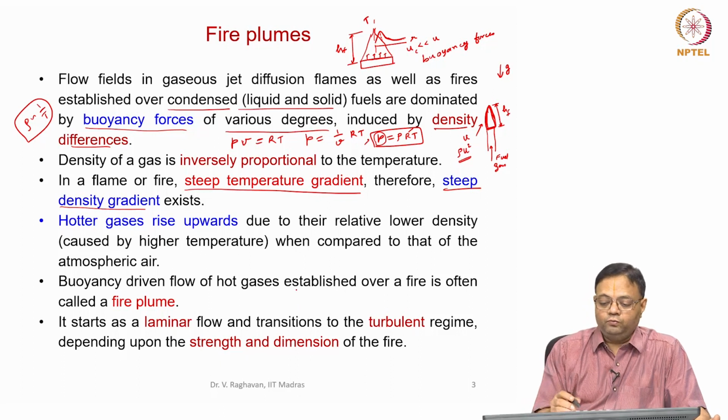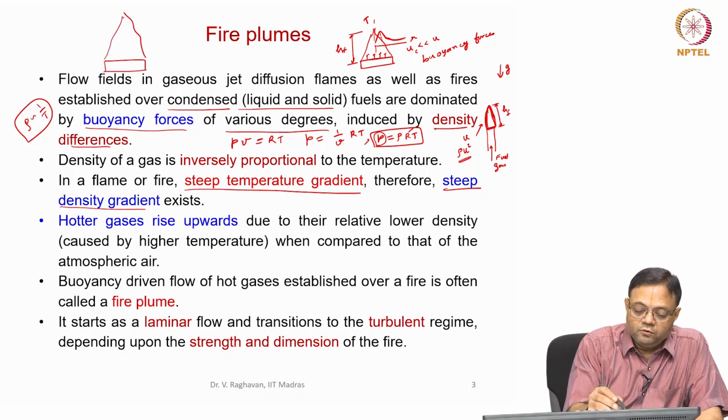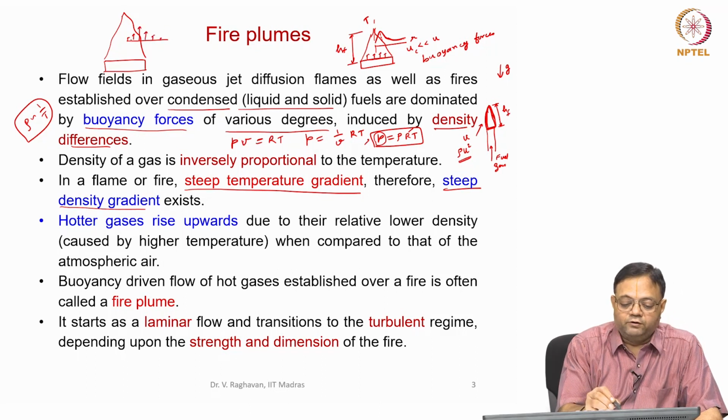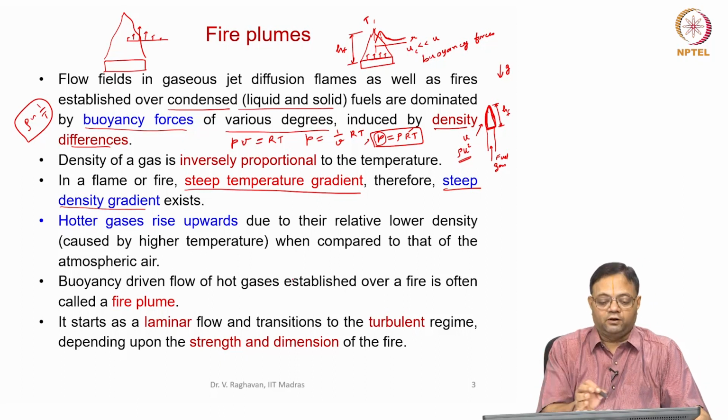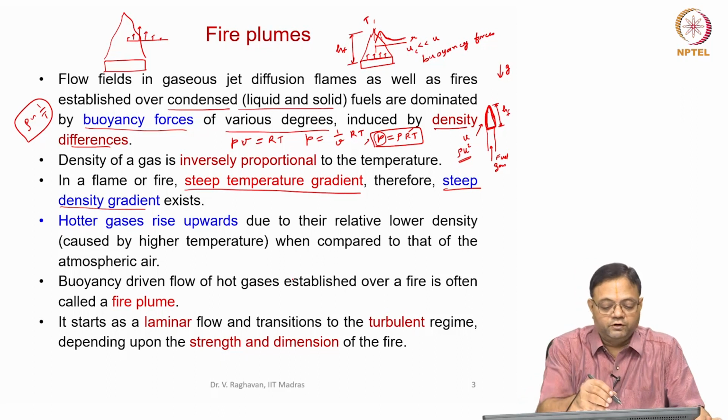Do you understand? So, if you draw this flame again and try to draw the velocity vector, you can see that the velocity will be increasing and again decreases to 0 like this. So, this will be a typical velocity vector across the flame. That is a very high velocity.